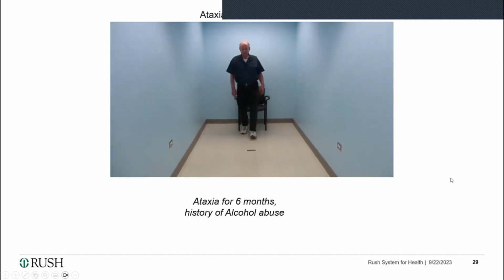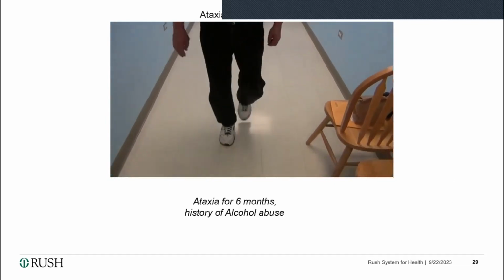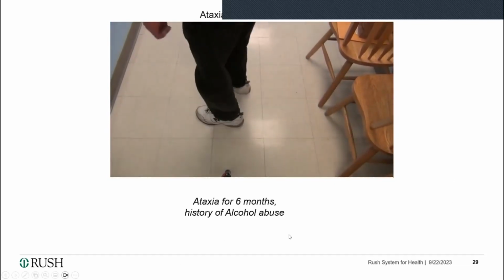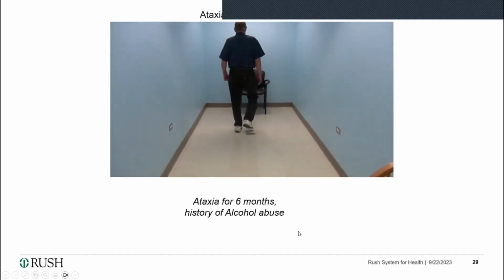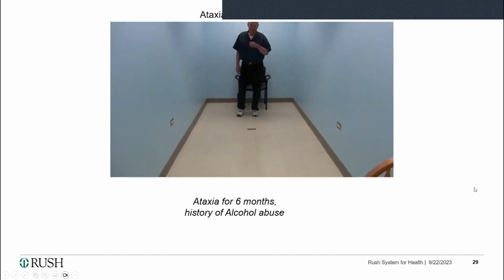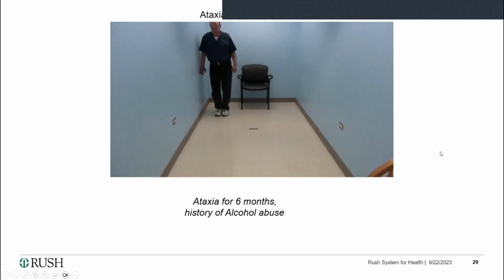And so when he walks, he's actually, again, narrow base. And we're really going to start to see the ataxia for this patient as we stress him. Walk with me again. You can get closer to the wall if you feel comfortable.